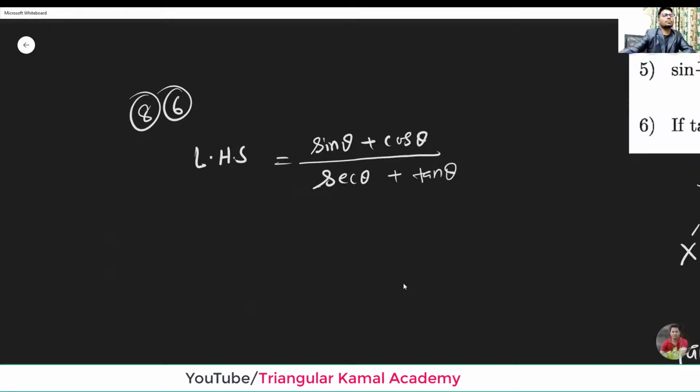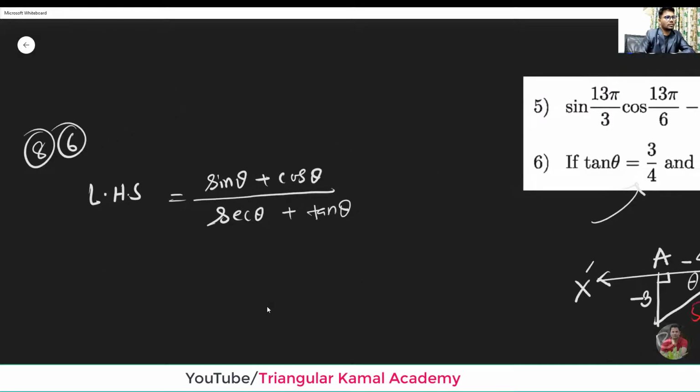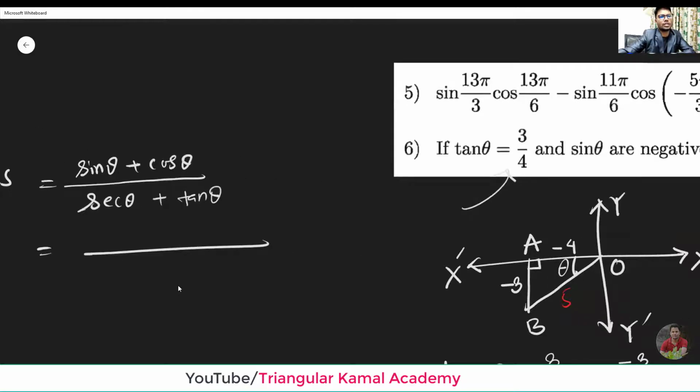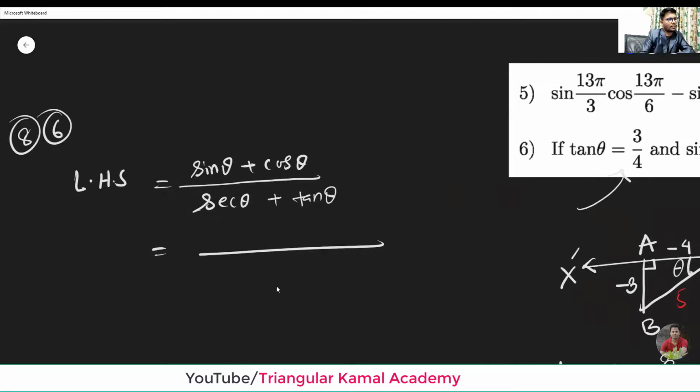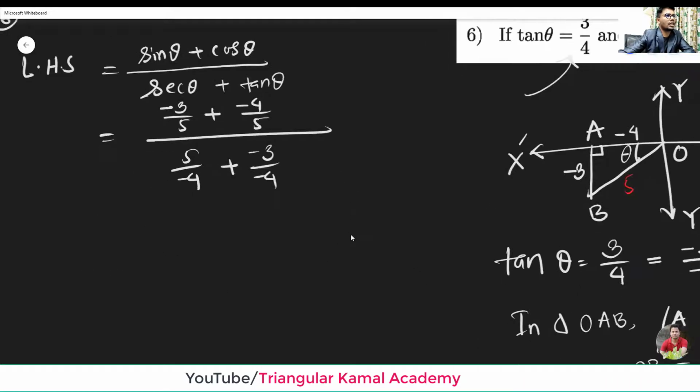So directly we can apply the formula here. Sin means opposite by hypotenuse. So here opposite side is minus 3 by 5. Cos means adjacent by hypotenuse, minus 4 by 5. Sec means the reciprocal of cos, so 5 by minus 4. And tan means opposite by adjacent, minus 3 by minus 4. So from the figure we can apply the values here. Now do the simplification.